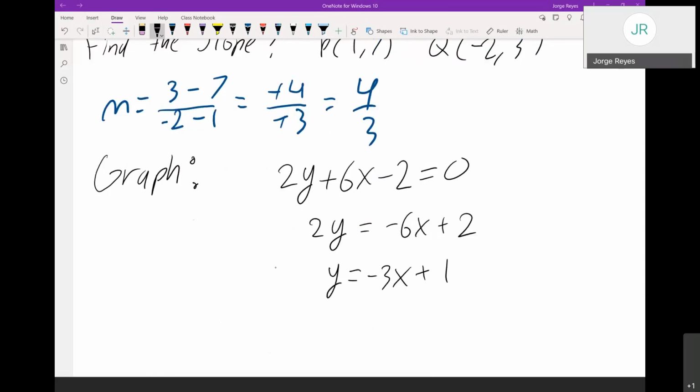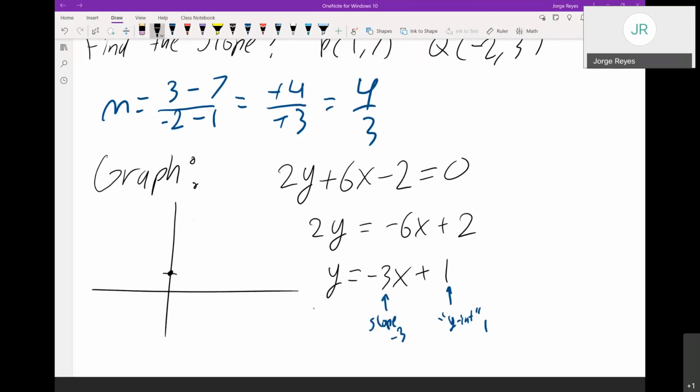And so here we are. Now it's in slope-intercept form. I can see that the slope is -3 and the y-intercept is 1. With those 2 pieces of info, I can graph.